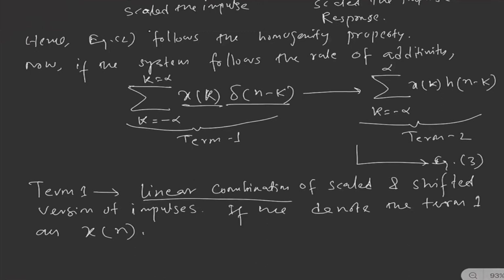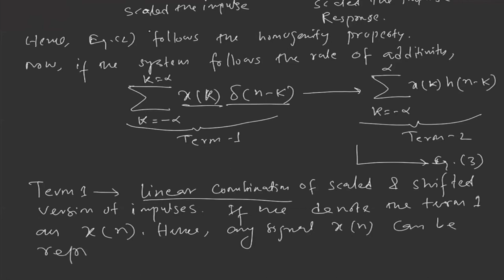So hence, any signal x n can be represented by shifted and scaled versions of the impulses.